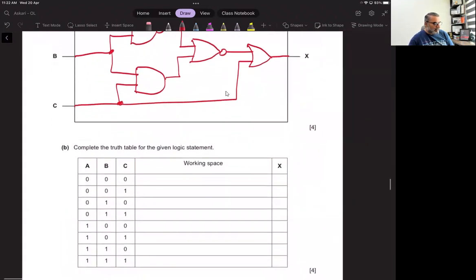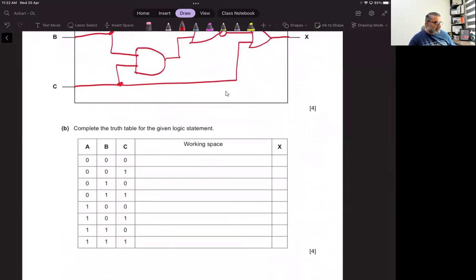Complete the truth table for the given statement. So the statement was A and B. A and B will be 1, 1, 1, 1, 1, 1, 0, 0.